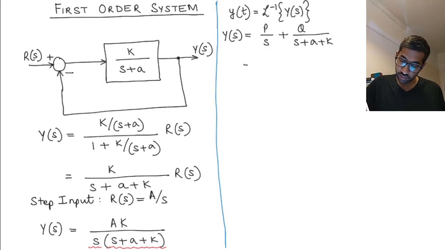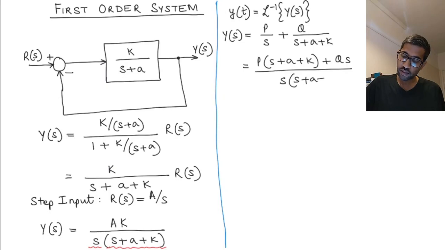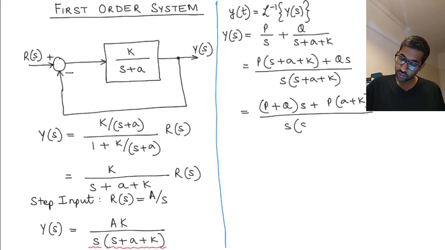So if I reduce this, what do I get? I get P times (s plus a plus K) plus Q s, over s times (s plus a plus K). And this I can write as (P plus Q) s plus P (a plus K), over s times (s plus a plus K).